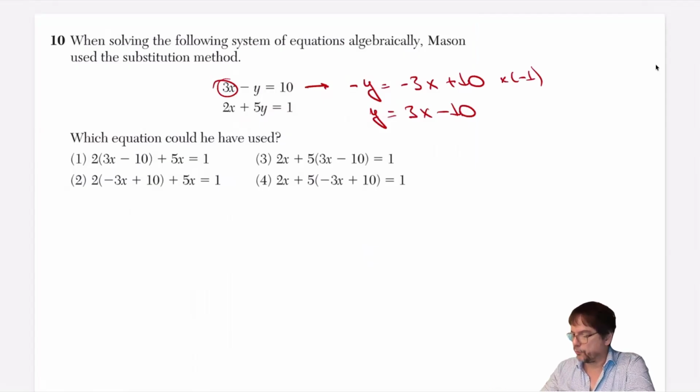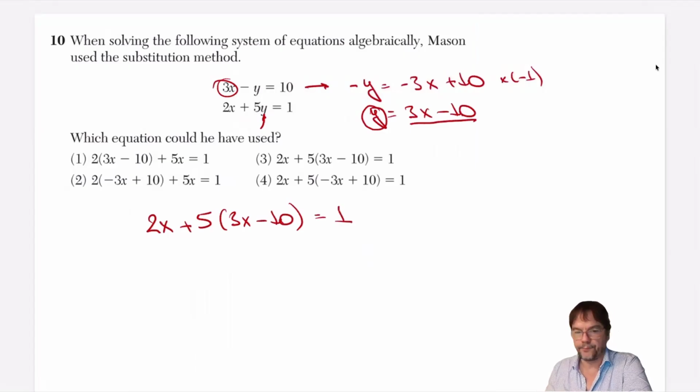Now, you put this in the place of this. So 2x plus 5 times y, y is 3x minus 10. Is that okay? Is equal to 1. And we found already, look, number 3. Is that okay? Okay.